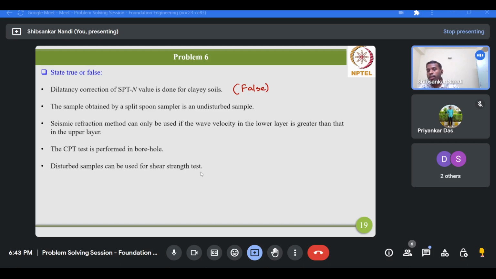This is nothing but the area ratio, and it is the ratio of outer diameter square minus inner diameter square, divided by inner diameter square.